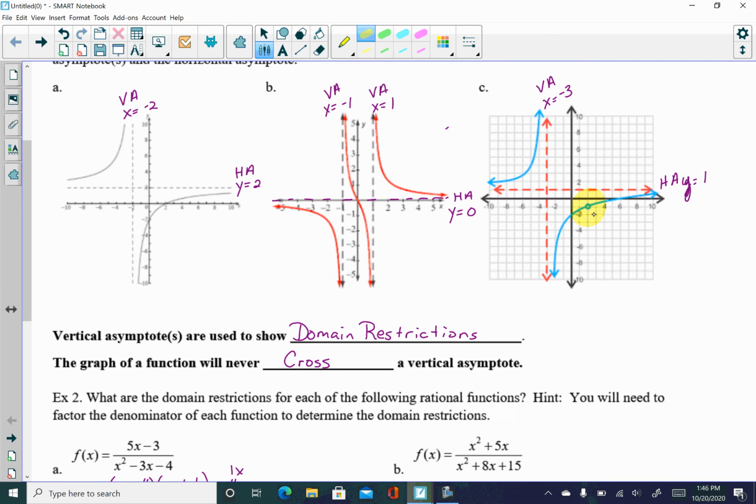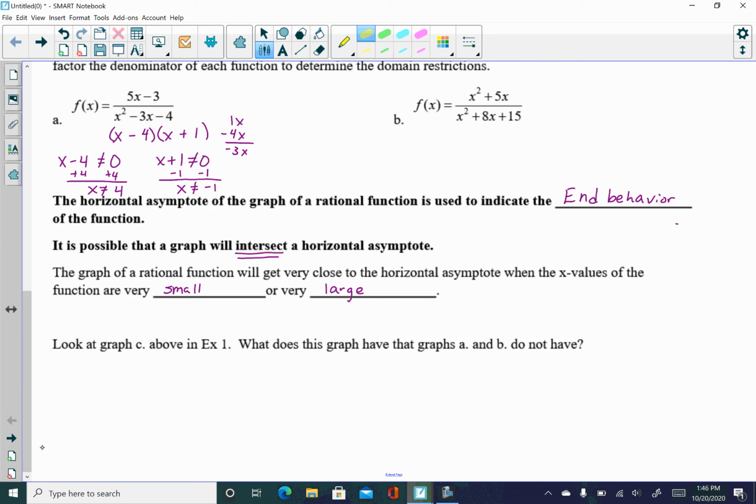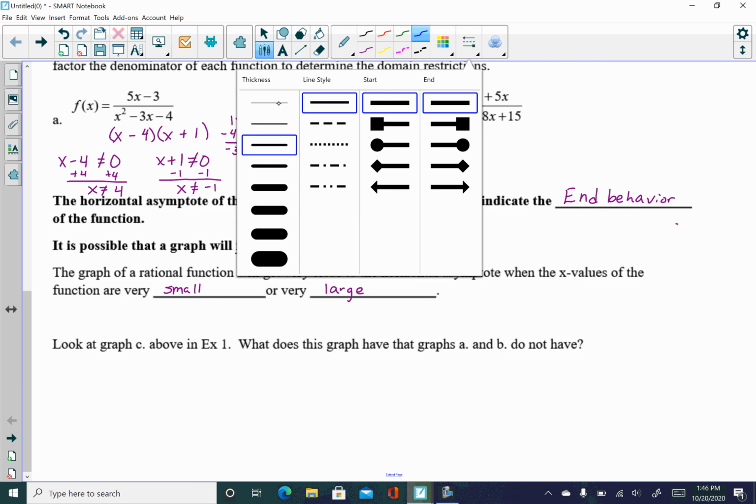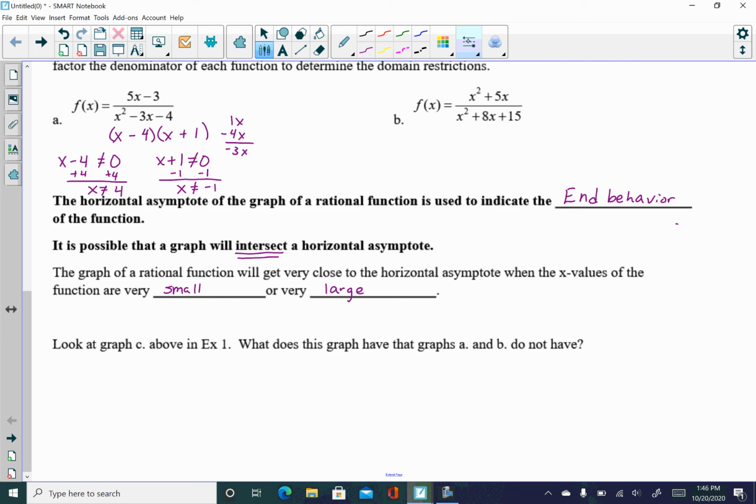That is referred to as a hole in the graph, and so there is another element that we'll be focusing on here in just a moment. But for now, we're just going to note that the graph has a hole that the others do not have.